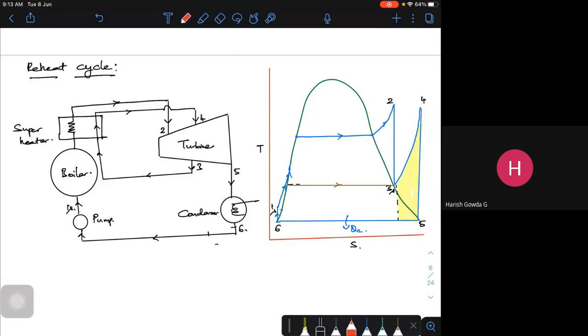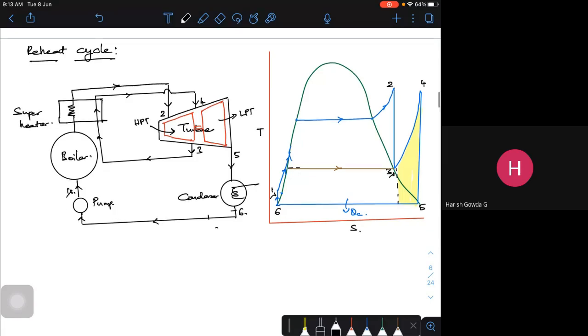Now what is actually the turbine? As I told, the whole turbine is divided into two parts like this. I'm trying to show you what is inside. Inside, this is called a high pressure turbine, and this is called a low pressure turbine.